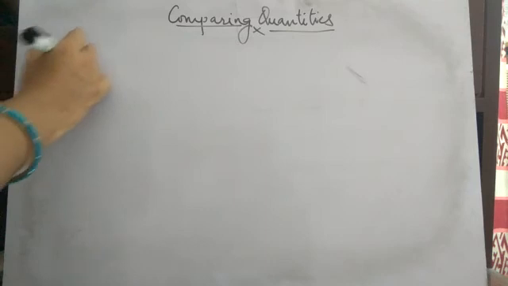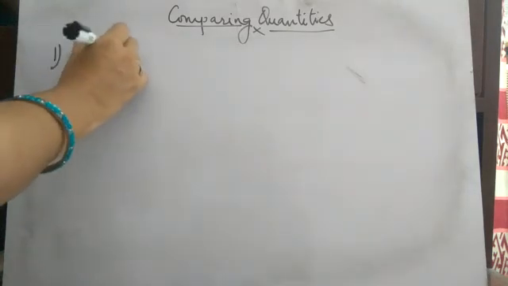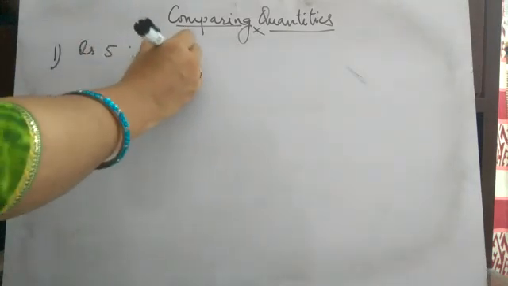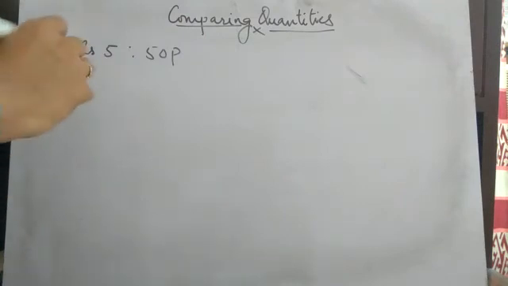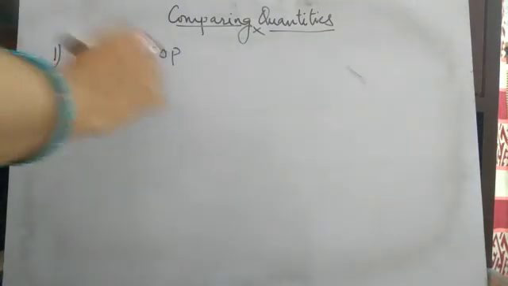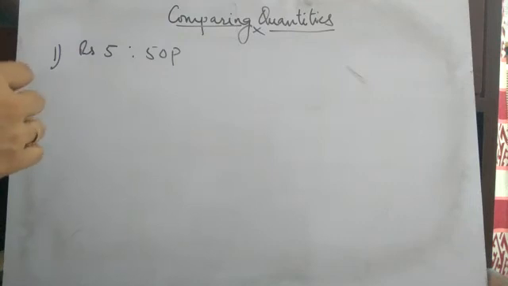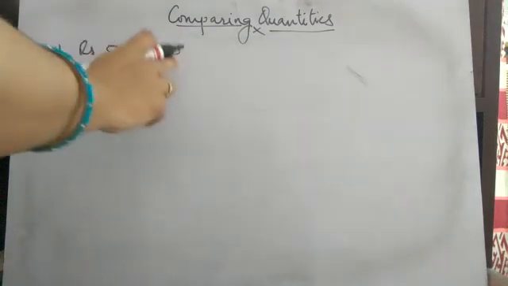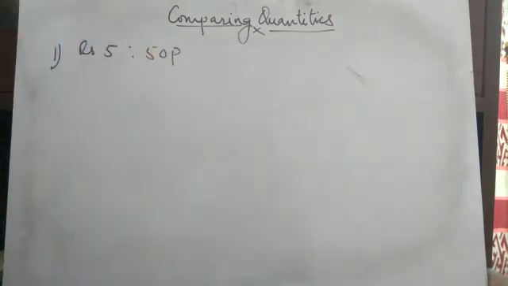Now the first example, find the ratio of rupee 5 to 50 paisa. You have to find the ratio of rupee 5 is to 50 paisa. Now if you have to find the ratio of two quantities which have dissimilar units, please remember children, you have to first convert into similar units, because ratio can be found out of only two similar quantities.